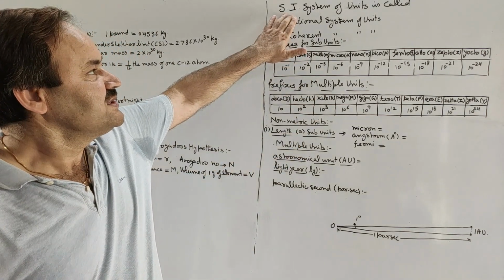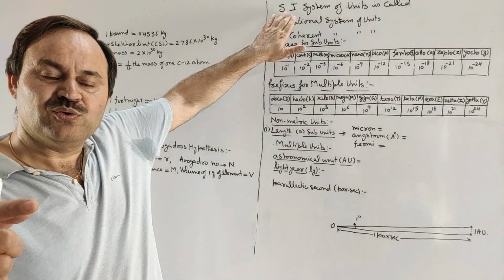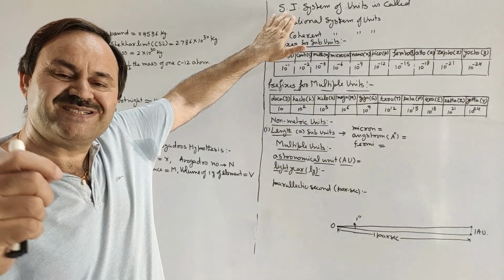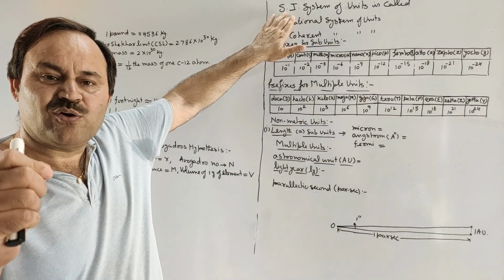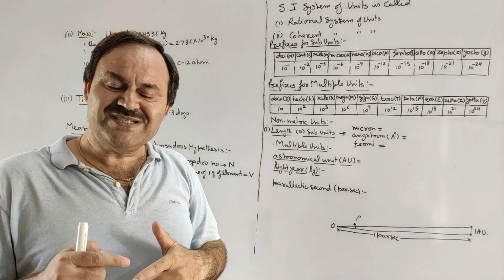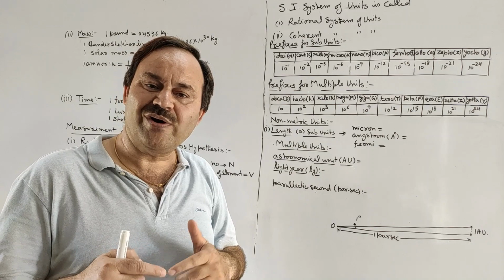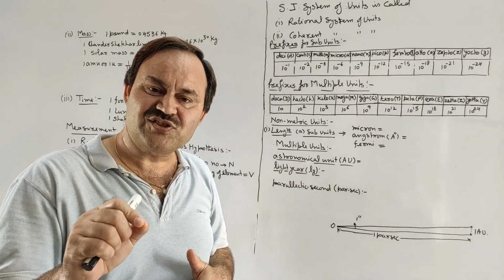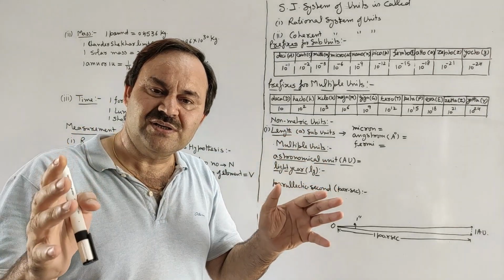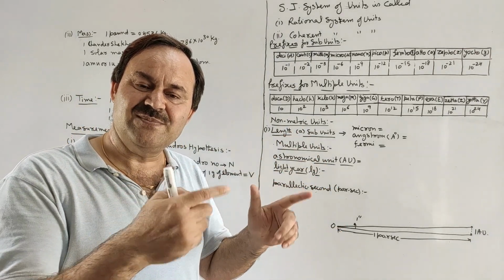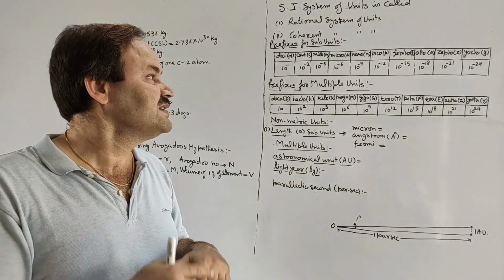So first we come to the point why SI system of units is called a coherent system of units. This system of units is called a coherent system of units because in this system units of all physical quantities are obtained from the same fundamental units.